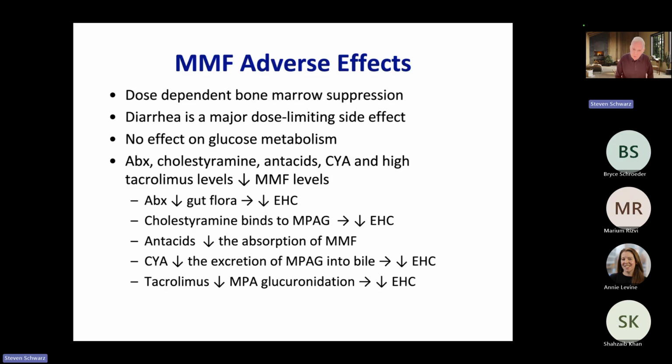Antibiotics reduce gut flora and will reduce enterohepatic circulation, thus blunting that secondary peak. Remember, if any patient is on cholestyramine, it binds to the drug. So depending on the drug, one has to be aware of what the side effects are, and if you're aware of the side effects, you can tailor therapy accordingly.